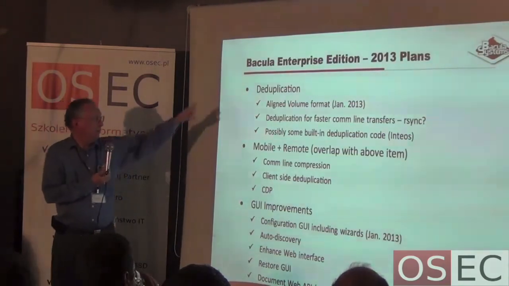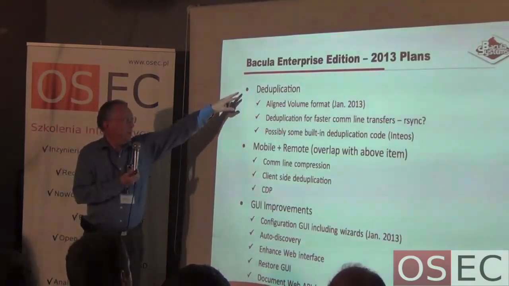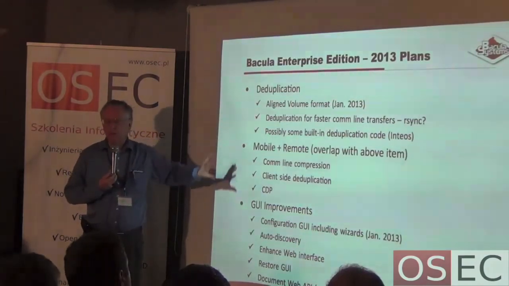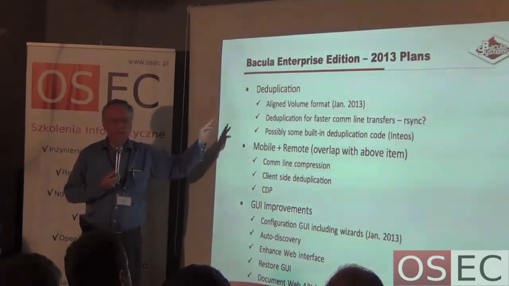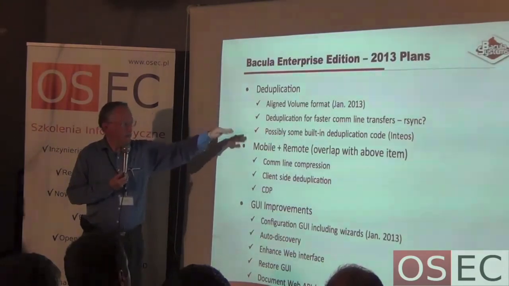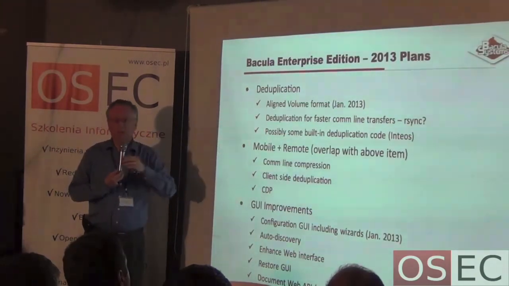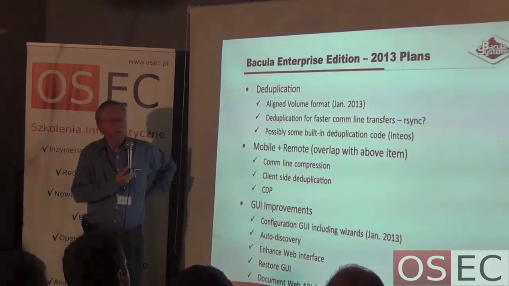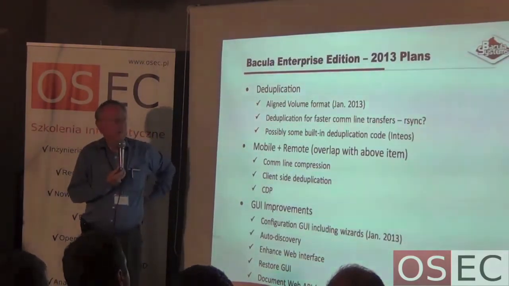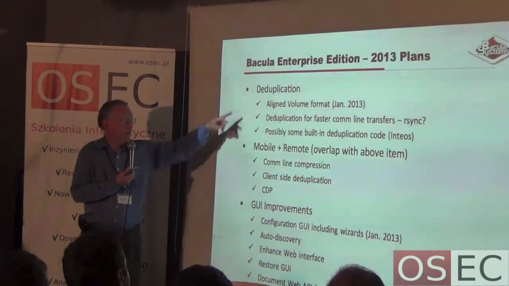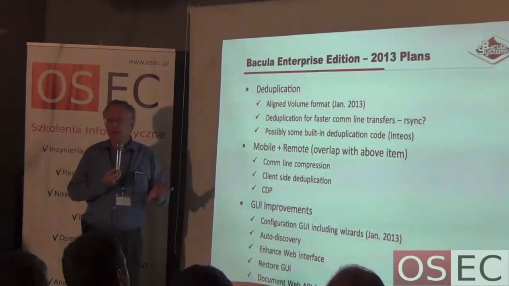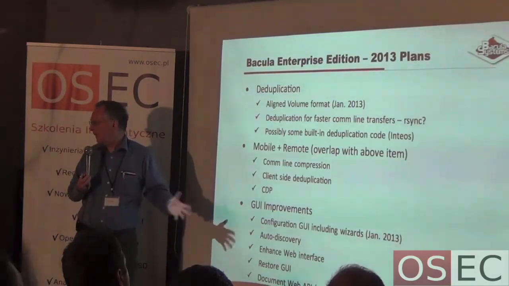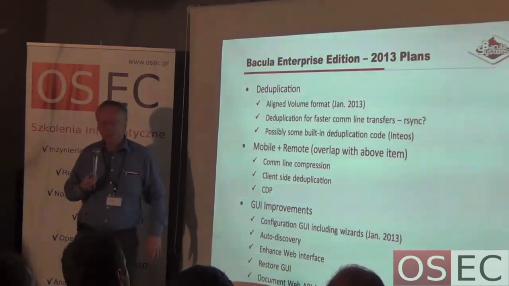I've grouped what we're doing for 2013 into main categories. There's a little bit of overlap from some of them. I'll explain it, and then within them, I've listed some sub-items that we're going to do. One is we need to do deduplication. And one of the first ways is the aligned volume format, which creates a deduplication-friendly storage of the data.